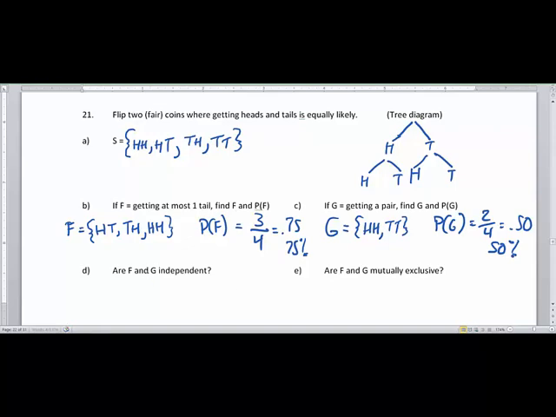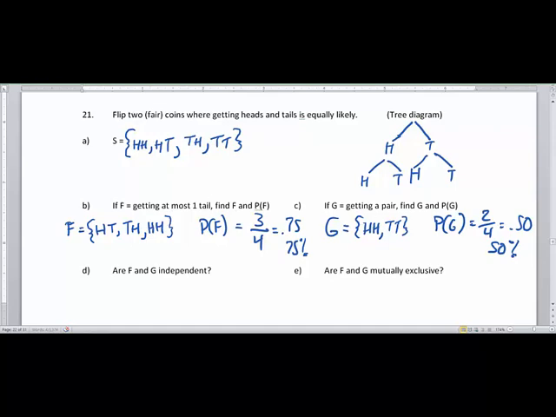Now, are F and G independent of each other? Which means that if I flip a coin to get this, this, and this, will that be independent from flipping coins and getting this or this? So, will the event of F affect G?